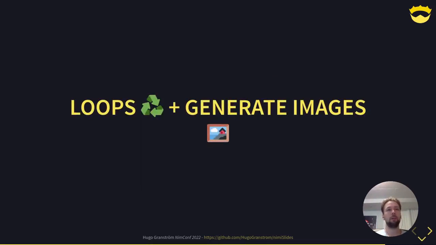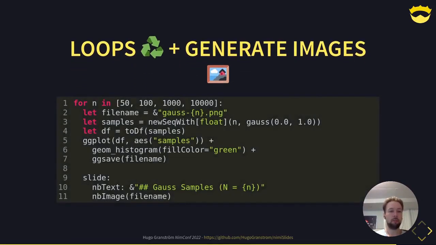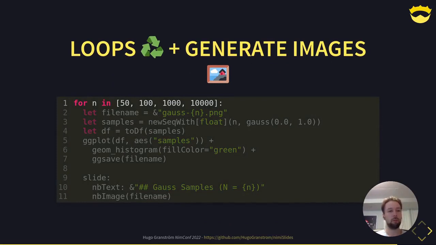And now we will look at how we can use loops and generating images in Nim to simplify something. And what we will do is plot a histogram of some Gaussian samples for different numbers of samples. And this can be done like this. We start off with a for loop for the number of samples, 50, 100, 1000 and 10,000.